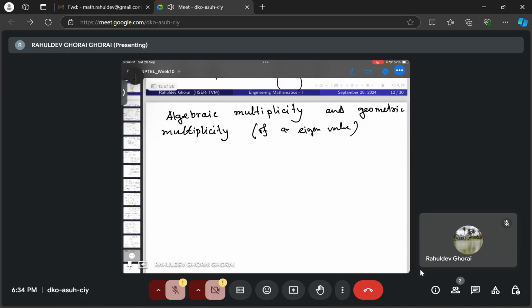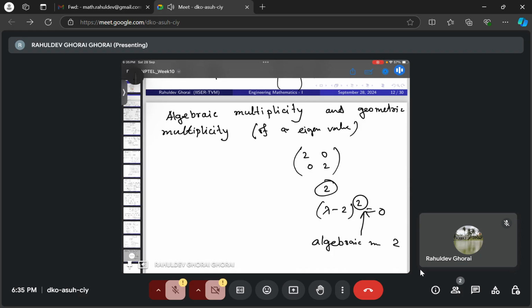If you have a matrix, then you will have a polynomial equation, the characteristic equation, and that will give you solutions. Let's say you have a matrix like this, 2 0 0 2. What are the eigenvalues? Only 2, right? But the order of 2 in the characteristic equation is two, so the algebraic multiplicity will be two.